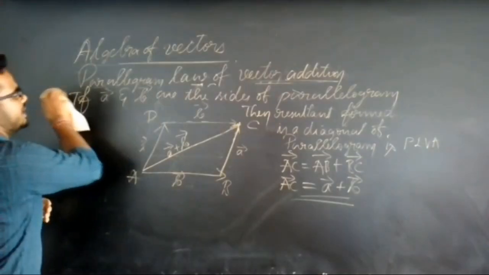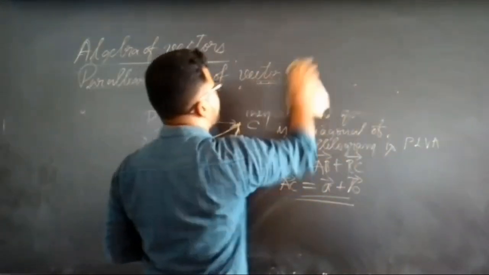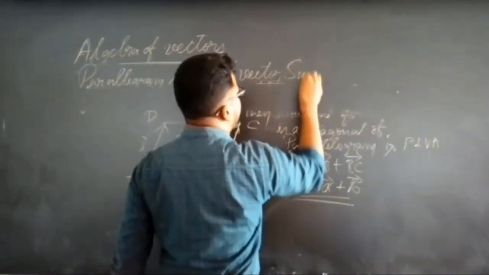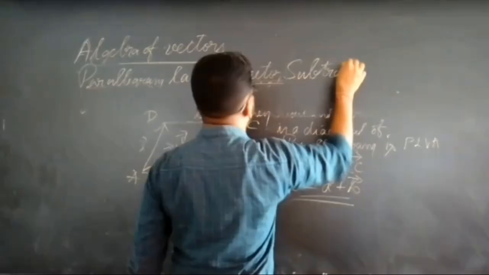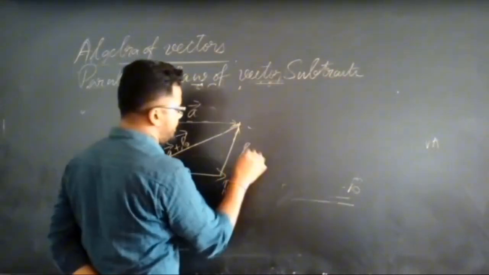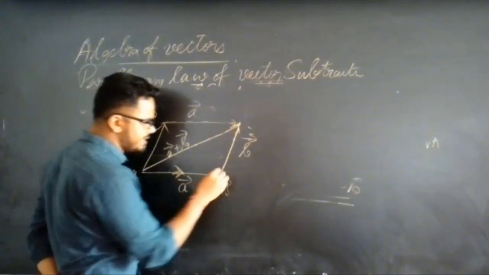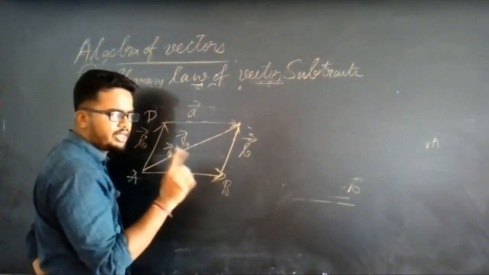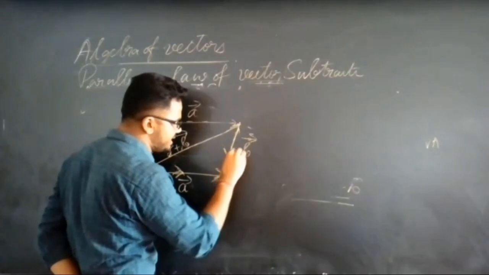I'll erase this. Now let me go for vector subtraction. In the triangle also we learned vector addition. Here we shall learn vector subtraction. But observe here, I will make small changes. This is in this direction, correct? The direction is very important in vectors. This will be in this direction, I'll consider.